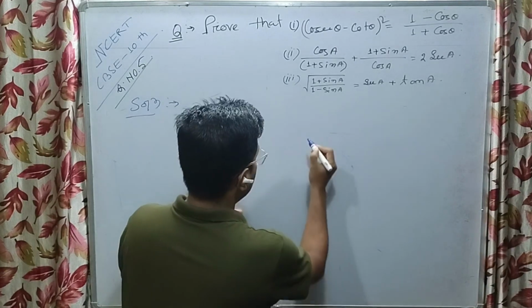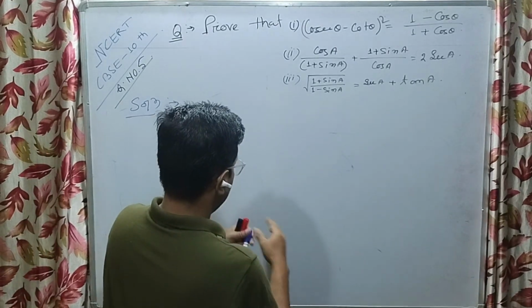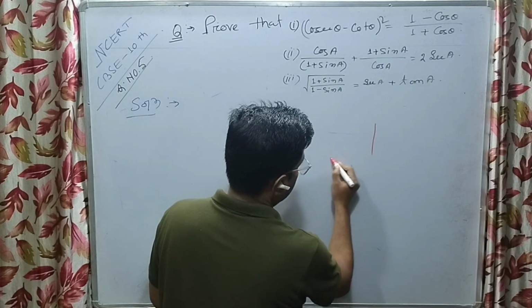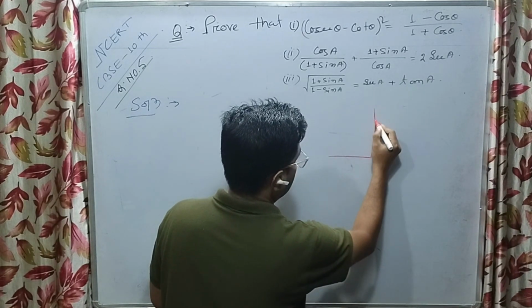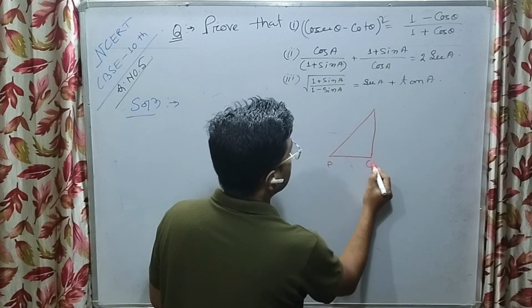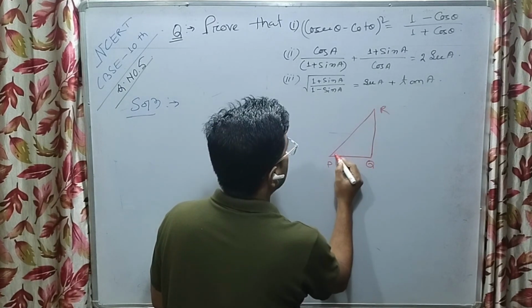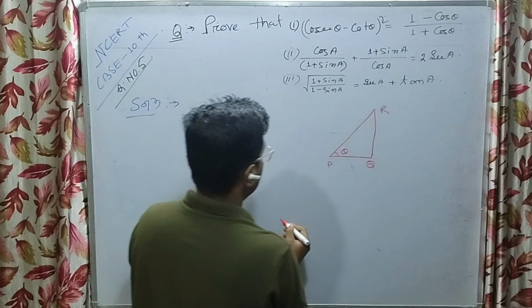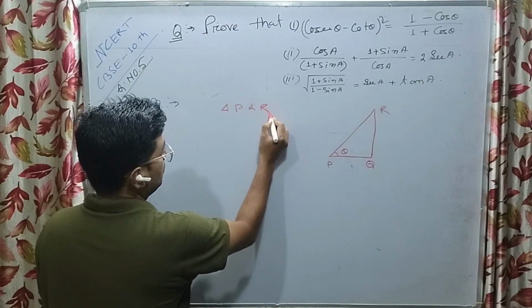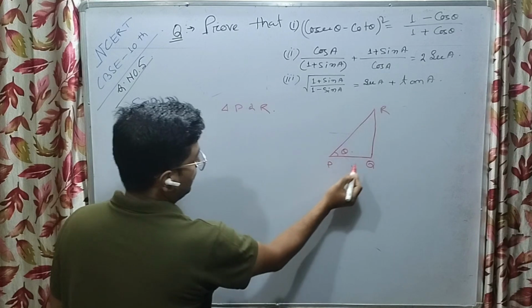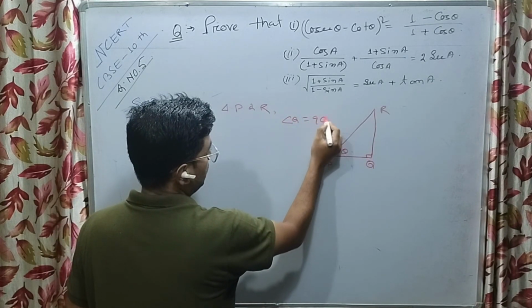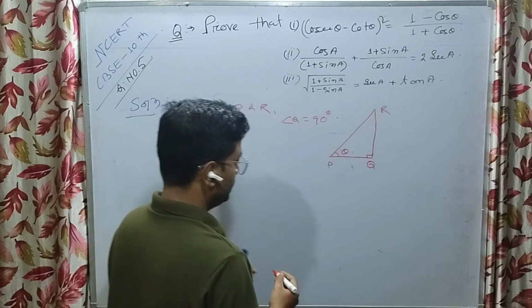Suppose you have a right angle triangle PQR, where angle Q is 90 degrees.